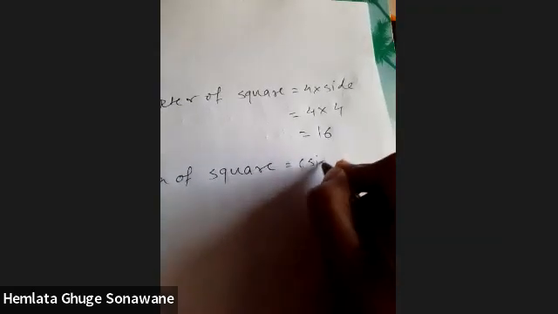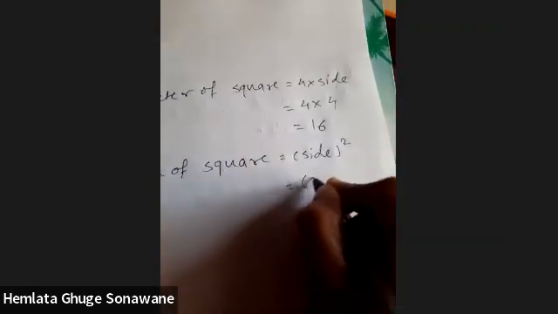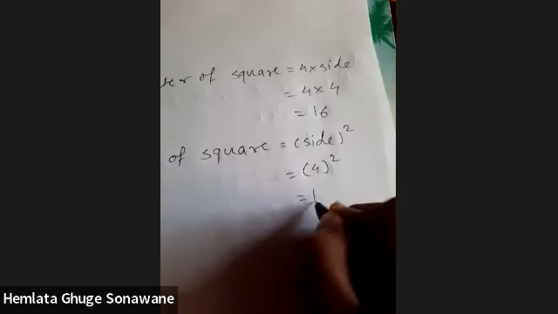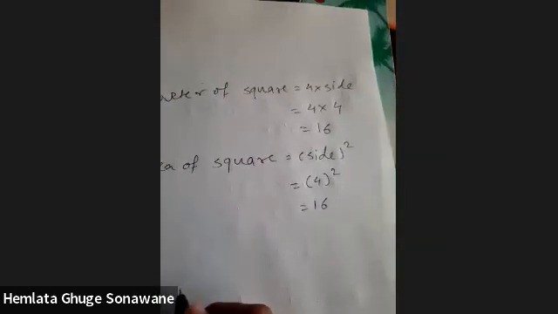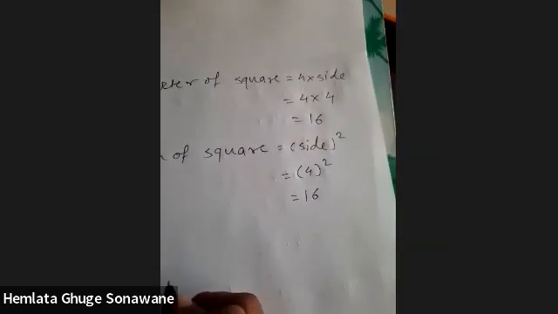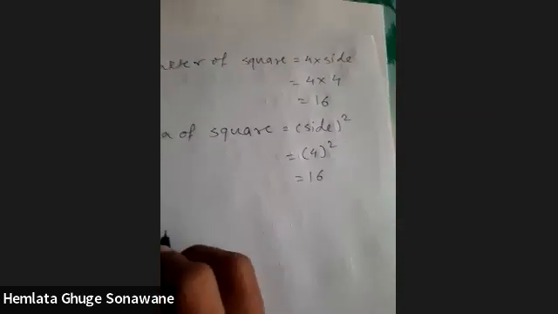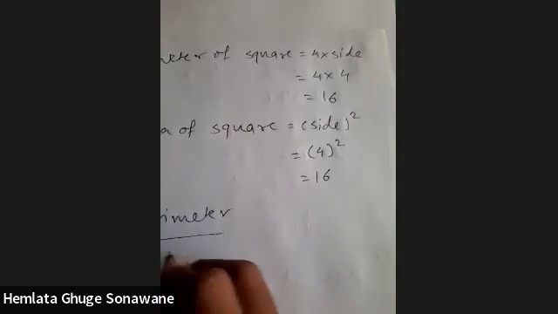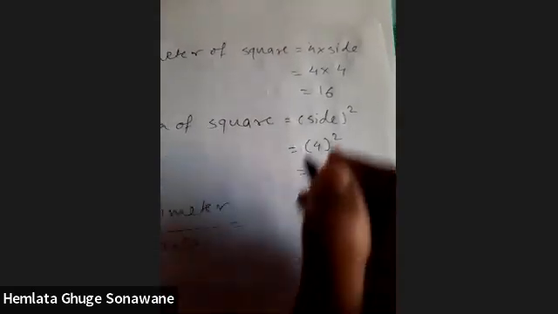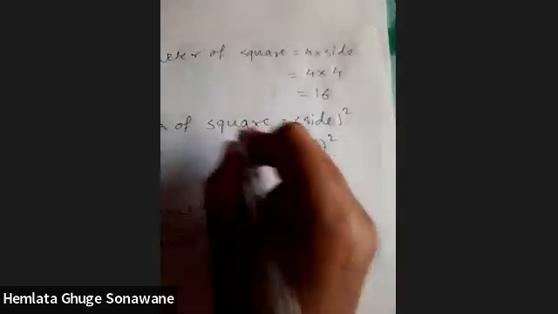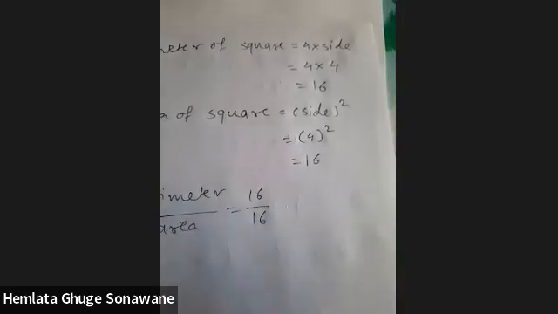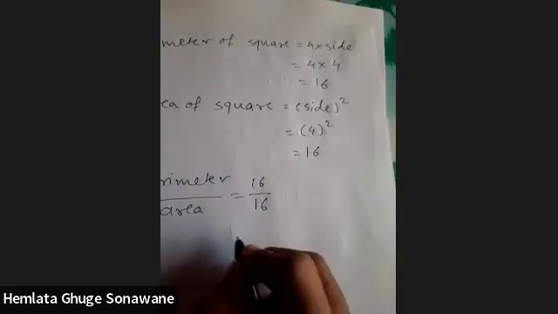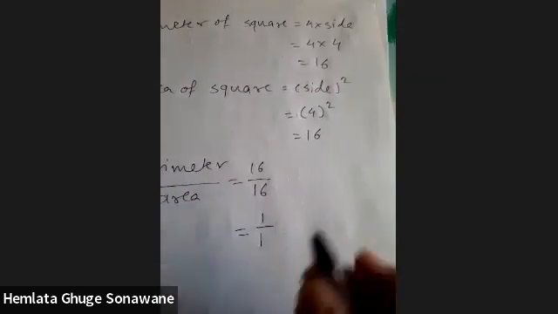That is side square. Side is given 4. So it becomes 16. We have to find out the ratio of perimeter to area of a square. So perimeter to area. We have got perimeter as 16 and area as 16. So it becomes 1 upon 1.